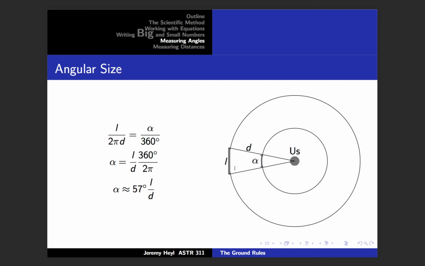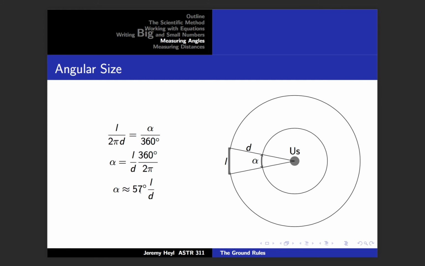So that gives me a relationship between the angle something takes up versus its length and its distance away. And if we do the math, you find that the angle is 57 degrees, but you can remember it as 60 if you want, times the length of the object divided by the distance.